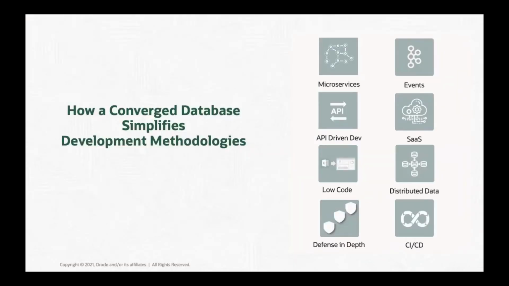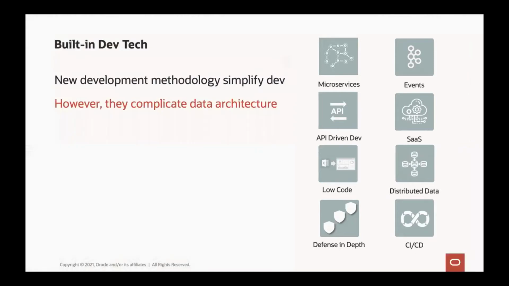So how will the Converged database simplify the development methodologies? Let's go through each one of the methodologies to see how it works in reality. The development methodology has to simplify things and make it easy for the developers to create their application, giving them the entire support they need for the new application.